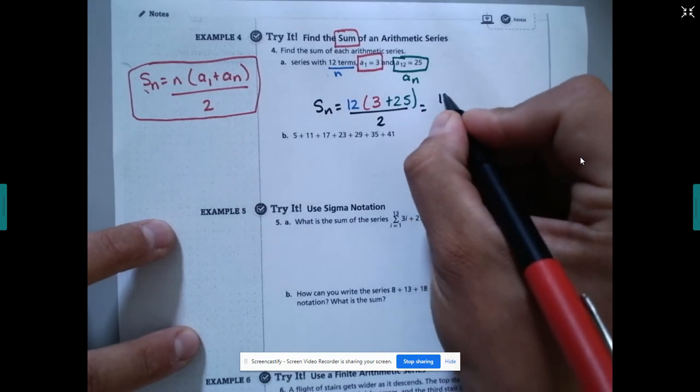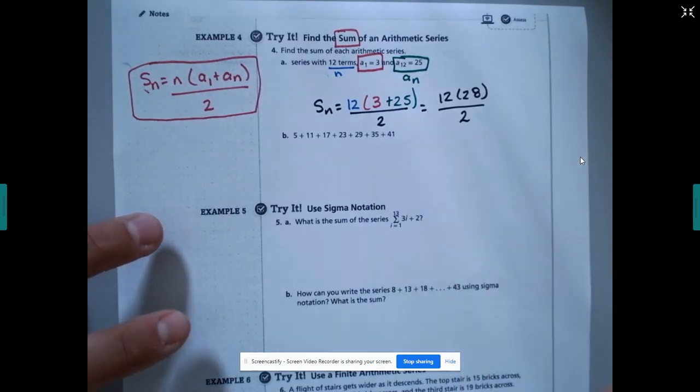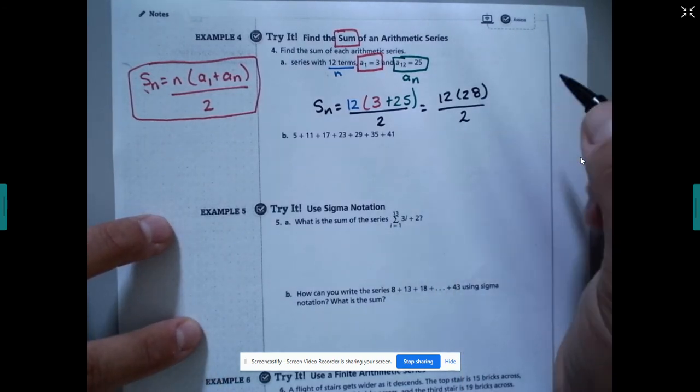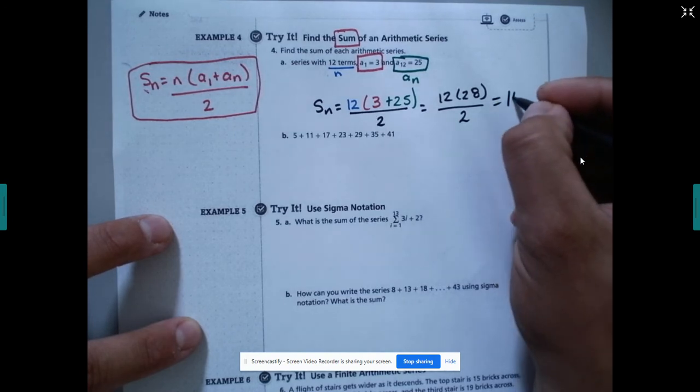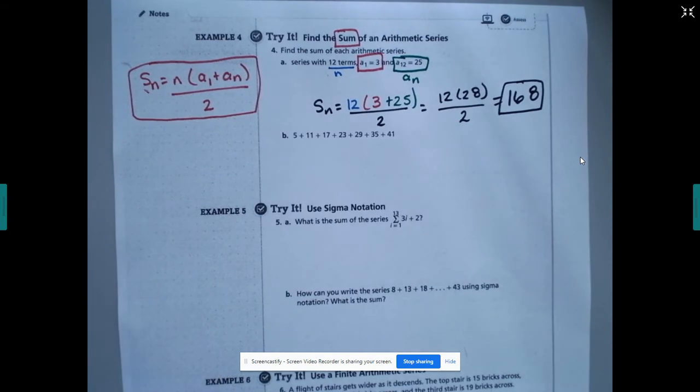So that would be 12 times 28 divided by 2. And again, you don't need to do this by hand. Just put it in your calculator, and you would get an answer of 168 would be our final answer. Okay, so we just typed it in our calculator, and we got an answer of 168.